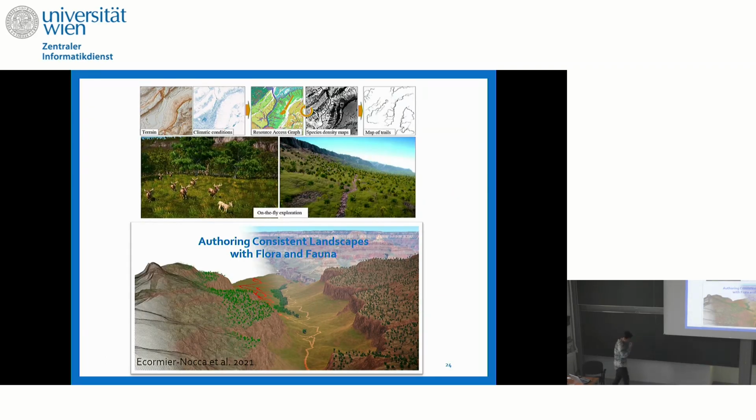completed with some data from the environment, like humidity, climatic conditions, etc. We can try to instantiate what we call a food chain, with the nice modeling of movement of herds of animals based on the resources that they have and the map of the terrain.